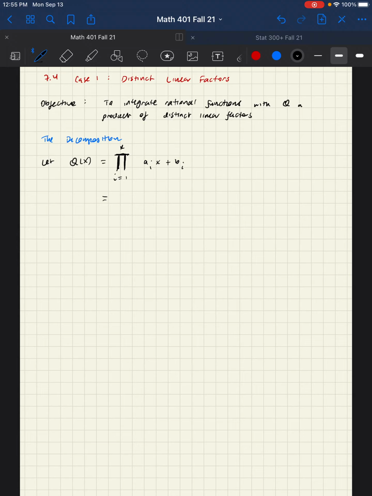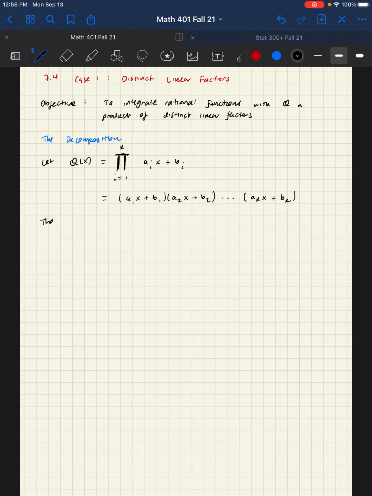So in other words, what we're talking about is (a sub 1 x plus b1) times (a sub 2 x plus b2), dot, dot, dot, all the way up to (a sub k x plus b sub k). The a's and b's here are just numbers. So that's why these are linear.